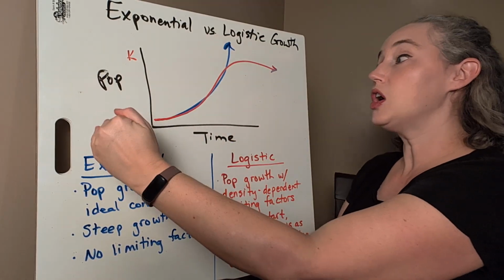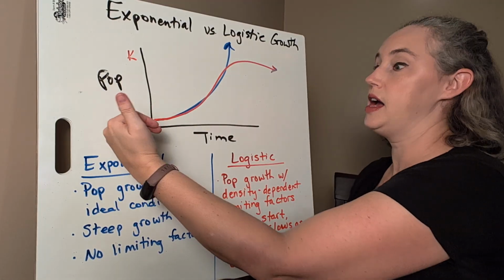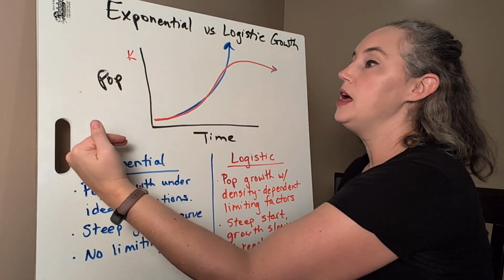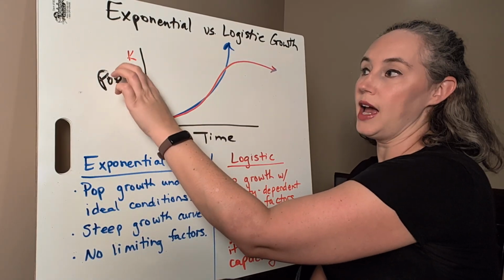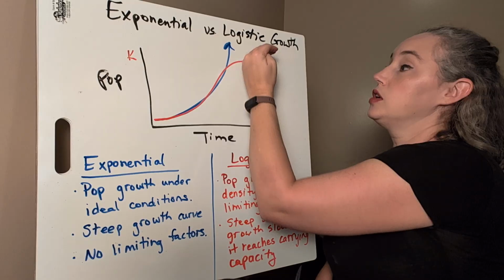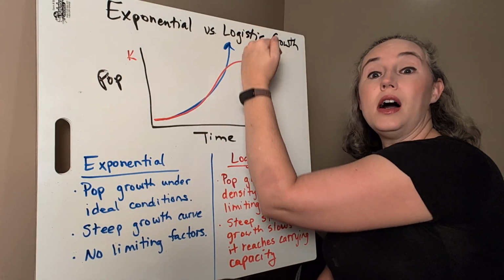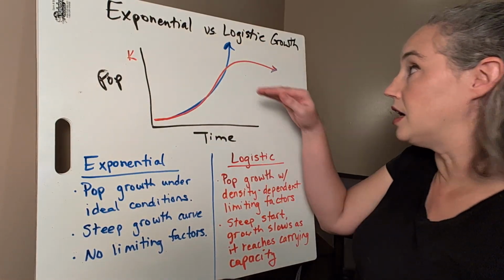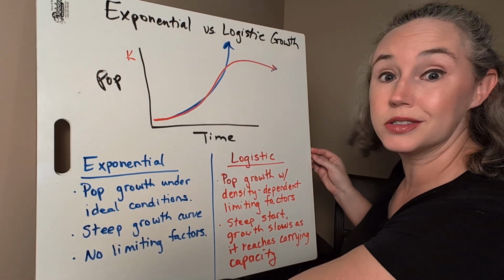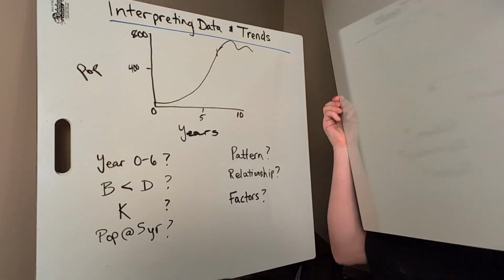So it starts exponential because there's plenty for everyone because the population is so low. But then as it approaches K, or the carrying capacity, it might overshoot and oscillate a little, but it'll eventually level off. So those are your main differences there.